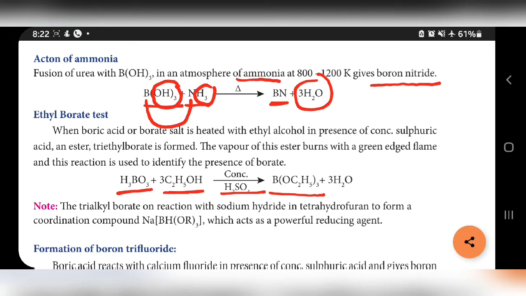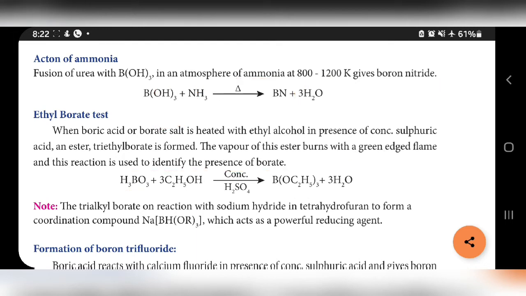The vapor of this ester burns with green edged flame, and this reaction is used to identify the presence of borate. How will you identify borate radical means you have to write these 3 lines with this equation.